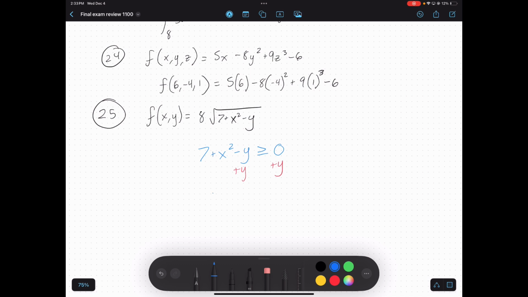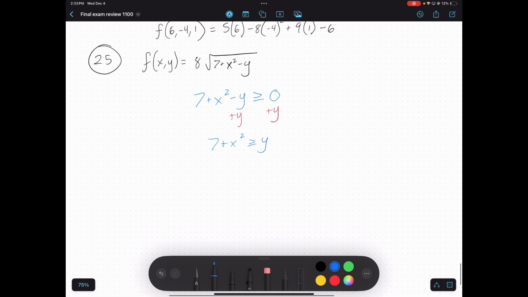Makes it nice and easy. I get 7 plus x squared must be greater than or equal to y. If I wanted to switch that around and put y on this side and 7 plus x squared on the other side, what would I have to do with my inequality? Also flip it. Okay. So there you go. So y just has to be less than or equal to 7 plus x squared. Very nice.